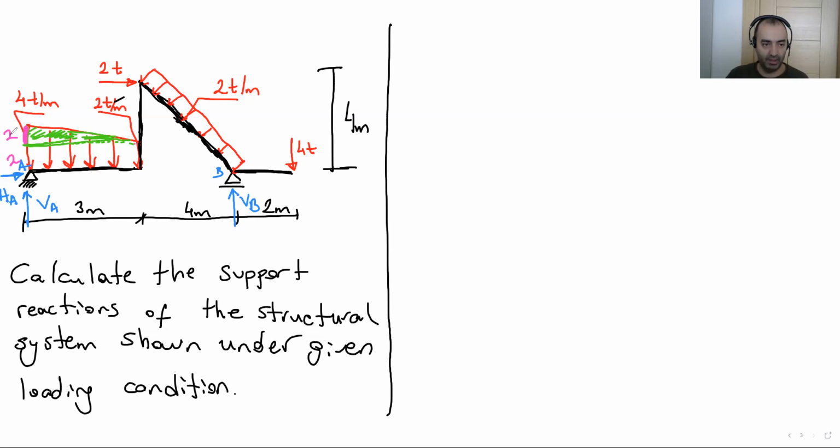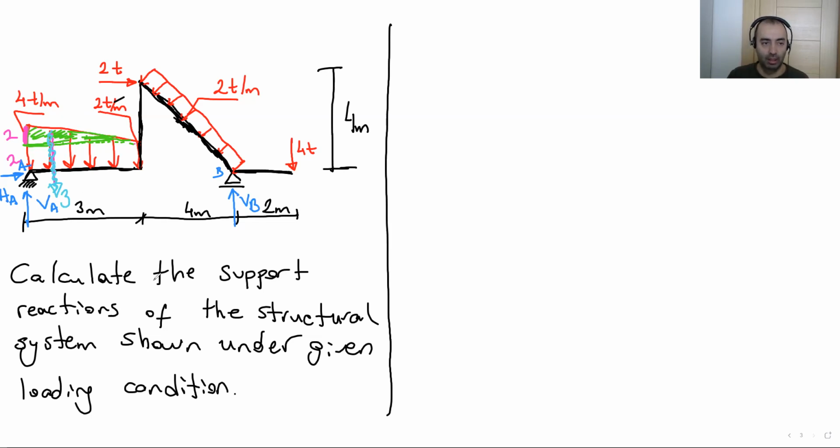So 2 times 3 over 2. So the magnitude of this triangle is 3 tons. That's okay. It's going to be around here. Let me change color. Okay, it's 3, but we need its location.